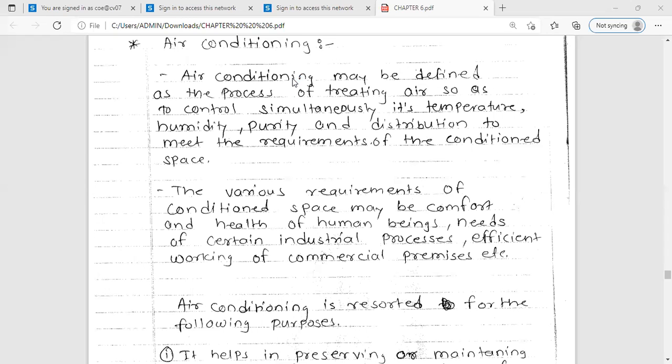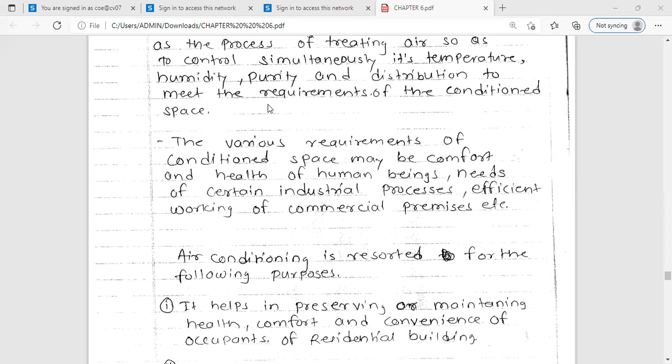Air conditioning is one of the part of ventilation. Okay, so here as well as if we consider the industrial buildings, then in that case, or in case of agricultural field, whatever things are there, those things we have to preserve for long duration.